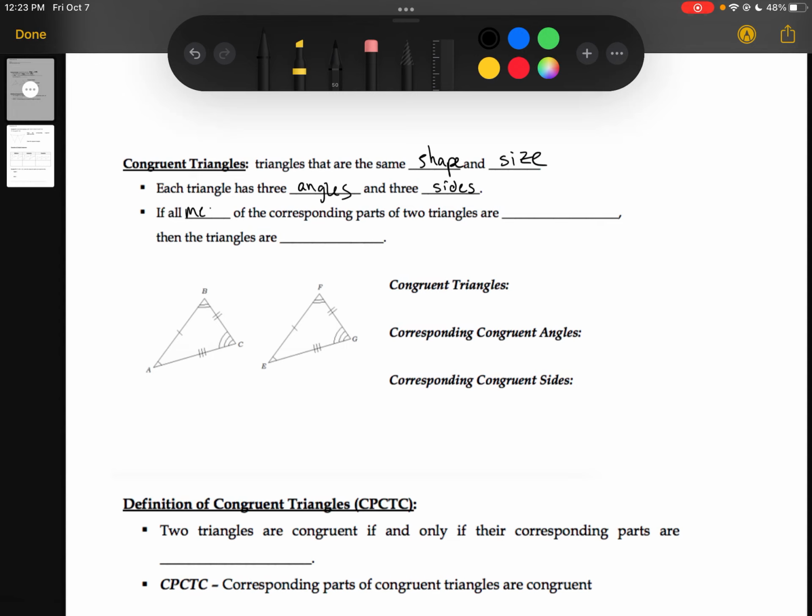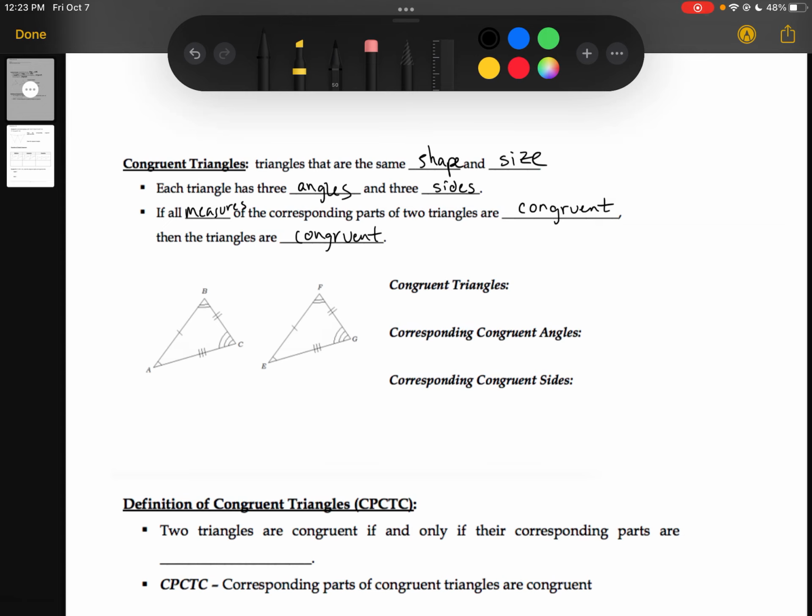And if all measures of the corresponding parts of the 2 triangles are congruent, then the triangles are congruent. Just a really fancy way of saying if everything about them matches, if everything about them is the same, then we can say that they are congruent triangles. So congruent triangles means everything about them is the same.